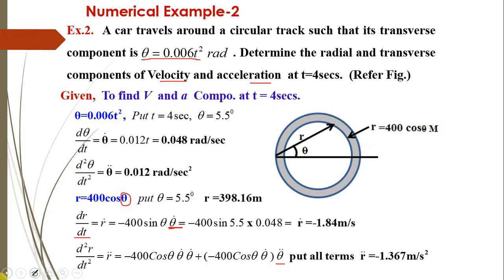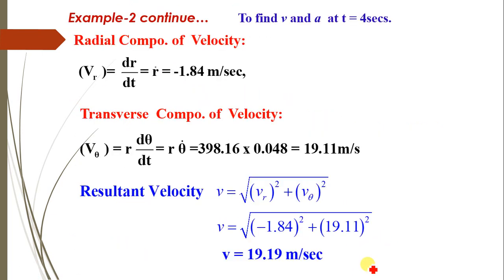And then further substituting the values, we get r dot and r double dot, and hence we directly determine the components of velocities Vr and Vθ by substituting the values in the expressions, Vr as r dot and Vθ as r θ dot, and therefore the resultant velocity as the square root of Vr square plus Vθ square, and hence V is 19.19 meters per second.